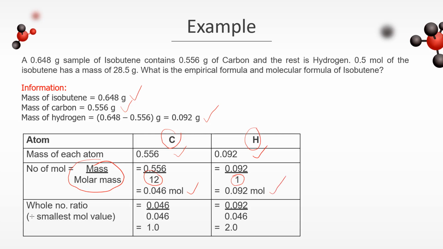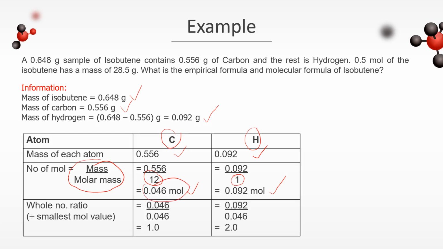Next, we need to compare both mole values and find the smallest. Comparing carbon and hydrogen, the moles of carbon is the smallest, 0.046 moles.